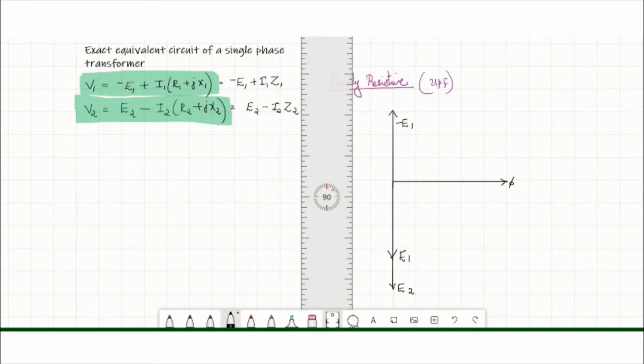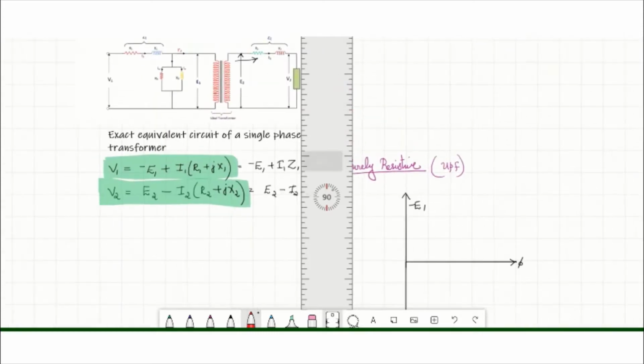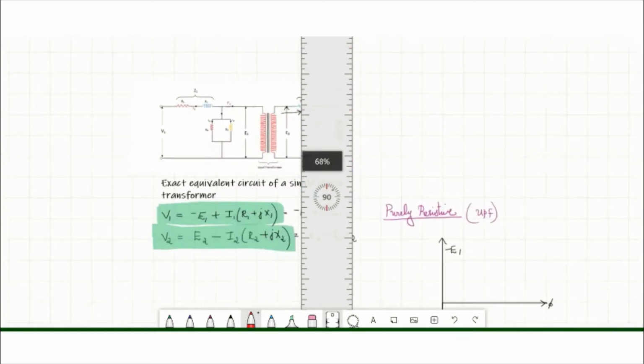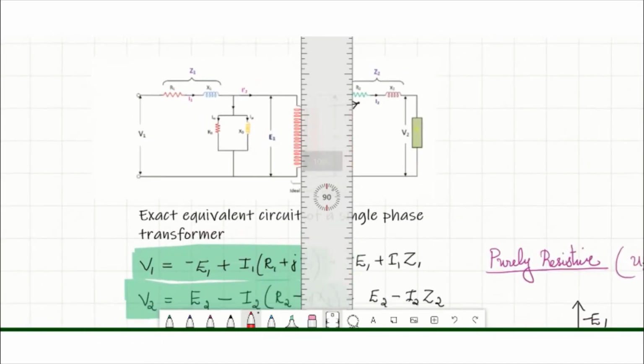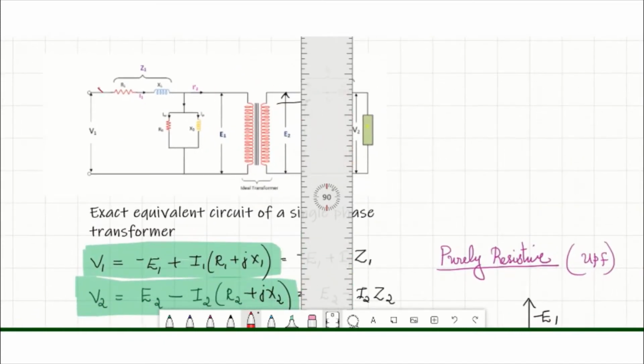Okay. Now we have to draw the no load current I0. Here I1 is the current through the primary winding. This I1 will have two components. One component I0 will flow through R0 and X0. This is for meeting the core loss and magnetizing the core.